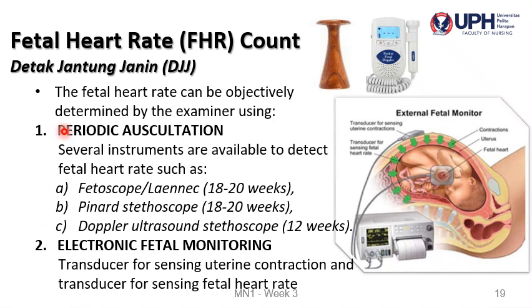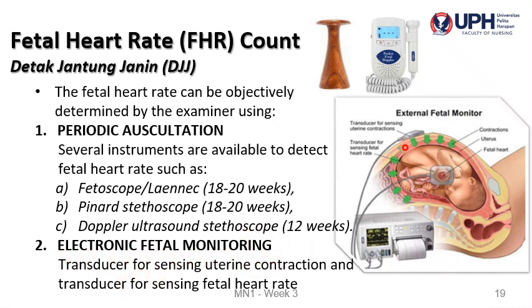Next, we can use periodic auscultation, as I mentioned before, with the Linac and the Doppler, such as the fetoscope. So this is the Linac fetoscope, and the Pinard stethoscope, and as well the Doppler ultrasound stethoscope. We can also measure it continuously through electronic fetal monitoring.